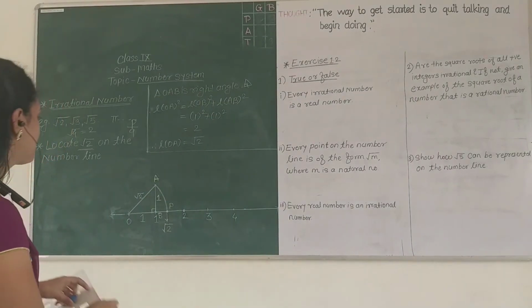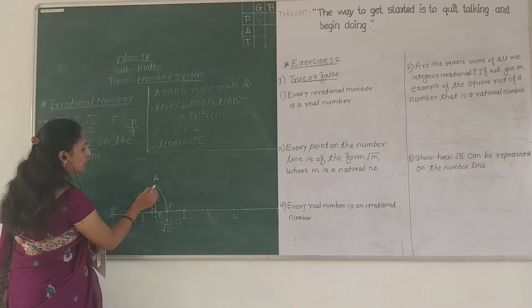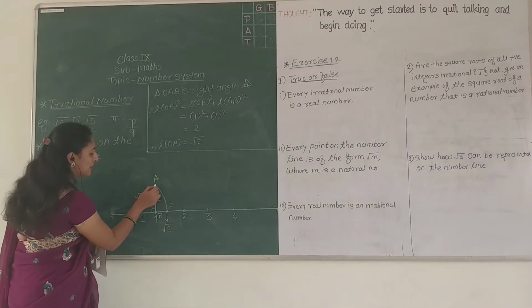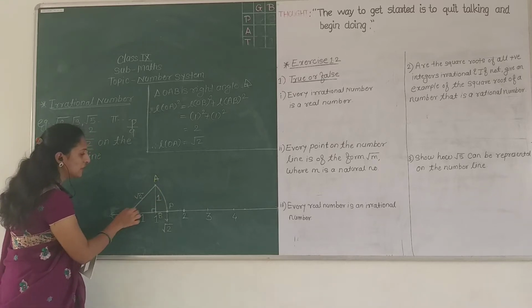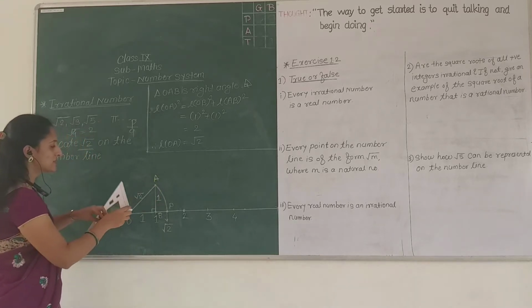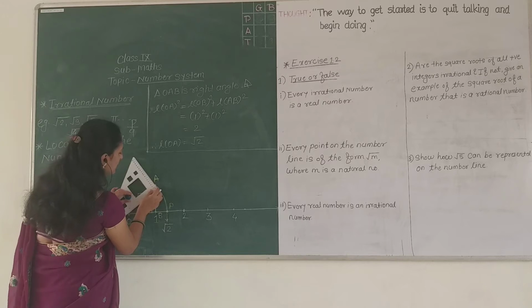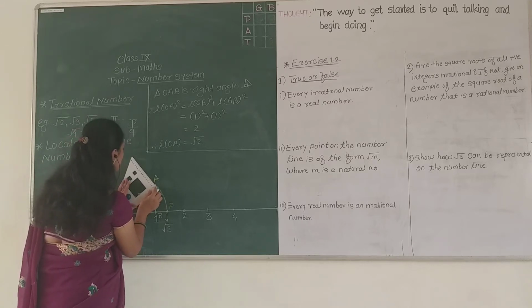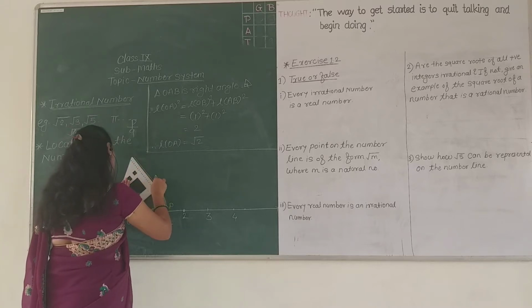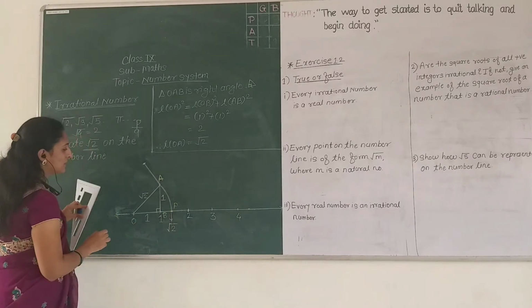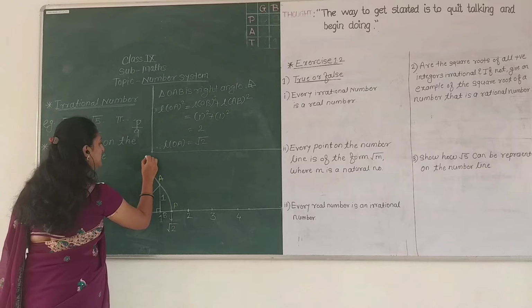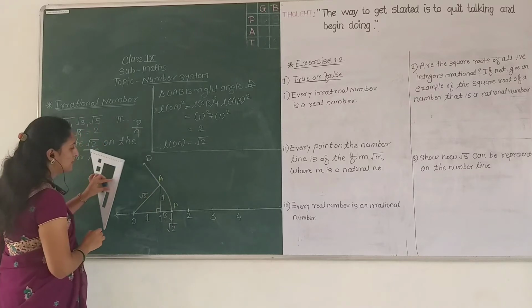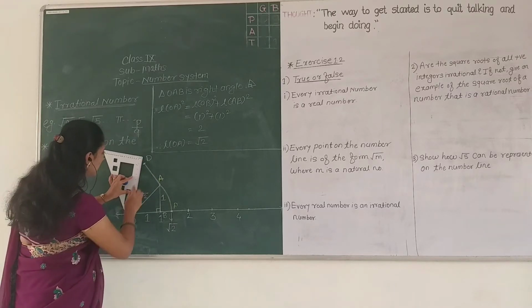For this, we have to construct a perpendicular to the line OA of unit length 1. Call this point D. Now join the point OD.